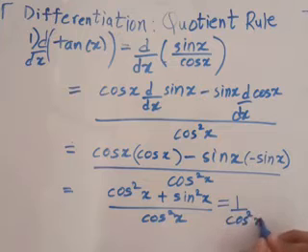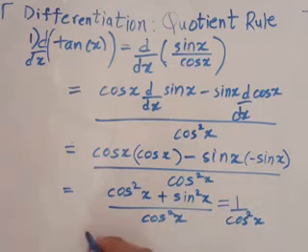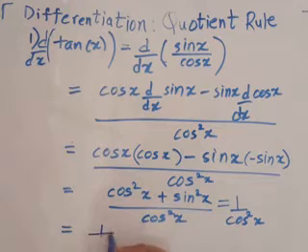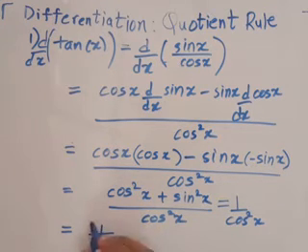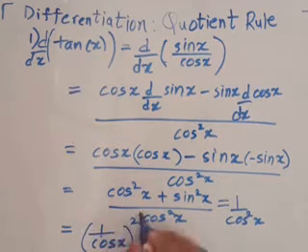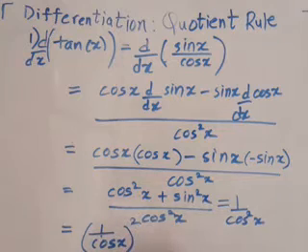So we have 1 upon cos square x. I can rewrite it as 1 upon cos x, the whole square, because 1 square is just 1.